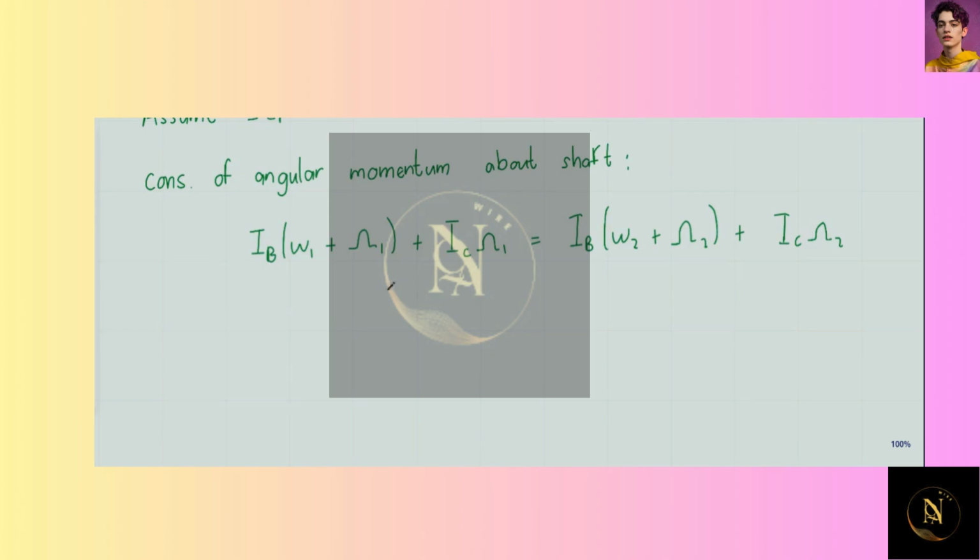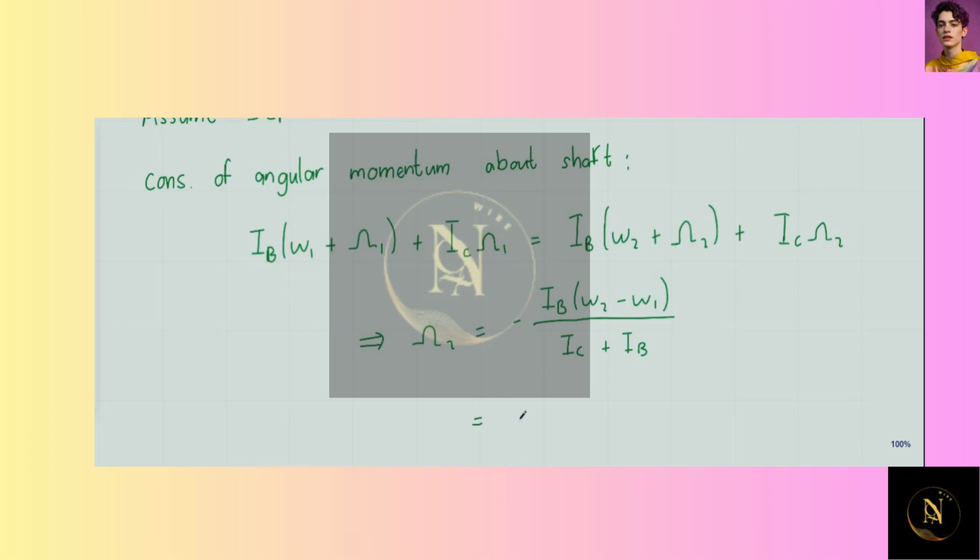If you rearrange this equation, we can make capital omega 2 the subject of the formula, and this is in essence what we wish to calculate. So this is minus IB times small omega 2 minus small omega 1, over IC plus IB. Remember, we've assumed that capital omega 1 is 0.